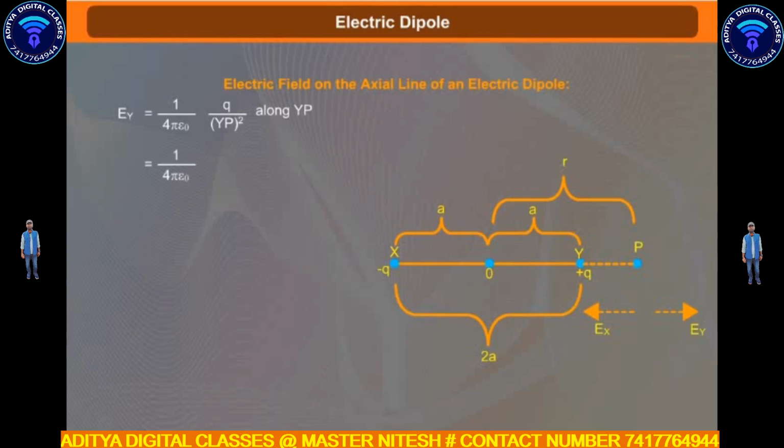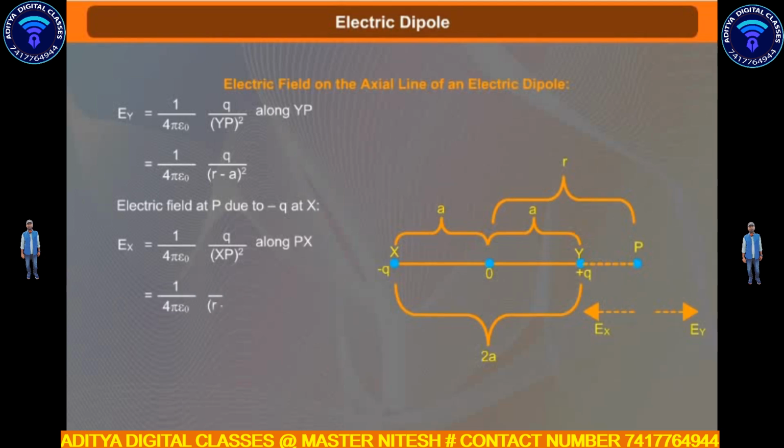We can see YP is r minus a. The electric field at P due to minus q at X is given by Ex equals 1 by 4 pi epsilon node q by XP square, and its direction is along PX. We can see XP is r plus a.